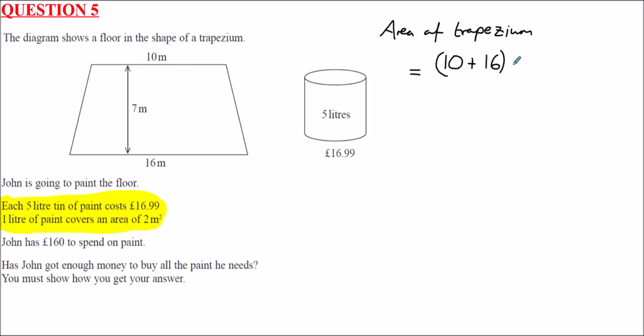We half that, and then we multiply by the perpendicular distance in between the 2 parallel sides. The formula's written in a few different ways by different teachers. You may have seen it as half of a plus b multiplied by h. It's the same thing.